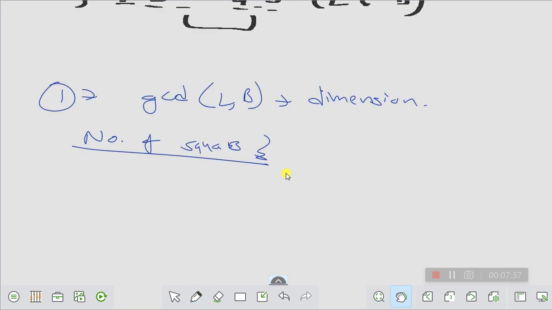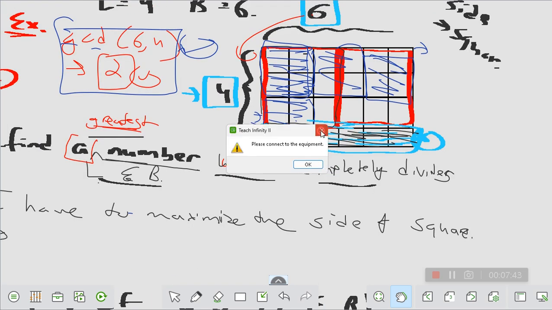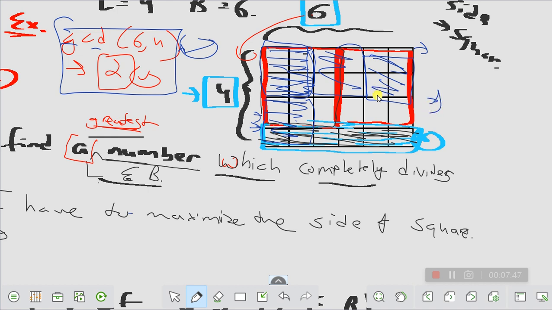In order to find the number of squares, the problem now becomes easier because we are given the bigger rectangle and a smaller square, and we have to find how many smaller squares can fit into this bigger rectangle. It's quite simple.